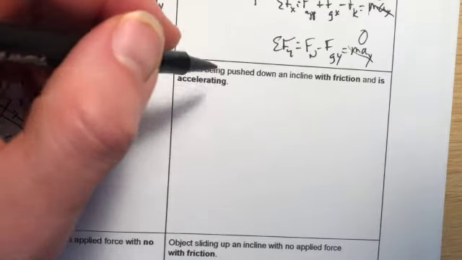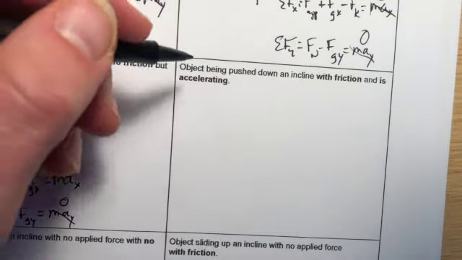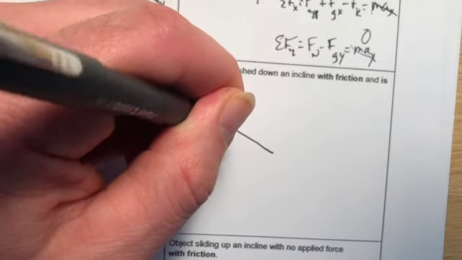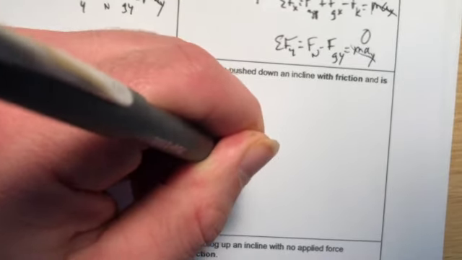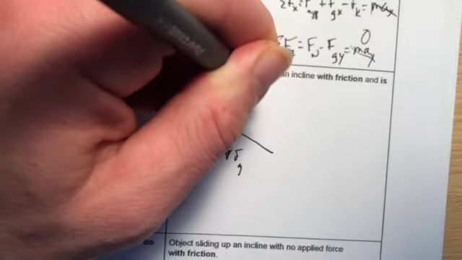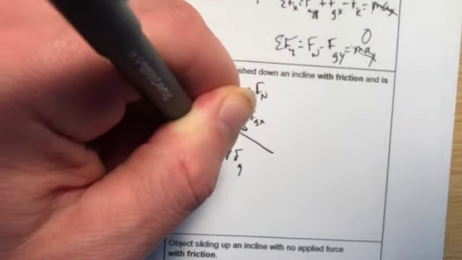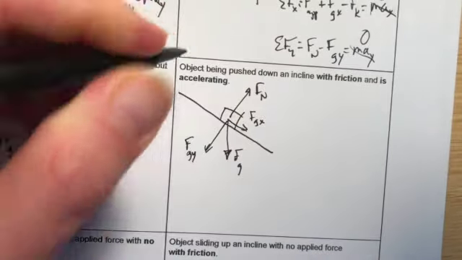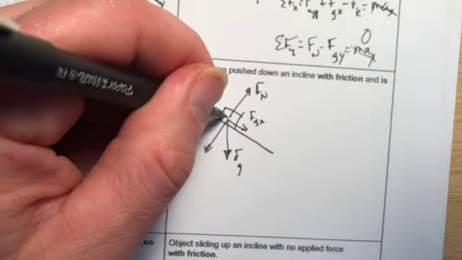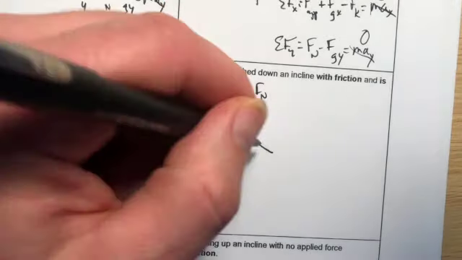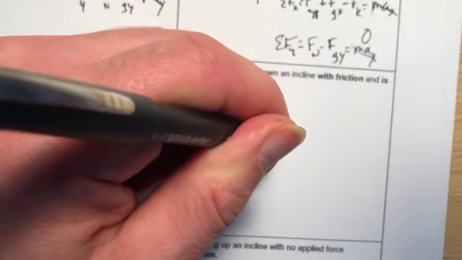All right, now being pushed down an incline with friction and is accelerating. So kind of combine the last two that we had. So here we start with the things that we always have. Now, there is friction, so that's going to be going backward because it's moving downward, and it's being pushed down the hill, so that's F applied.